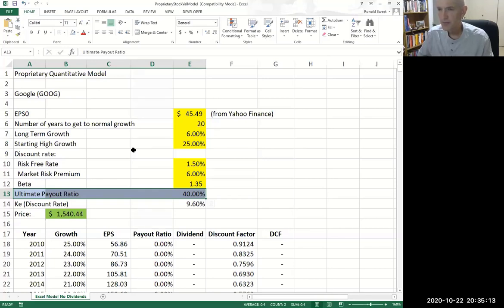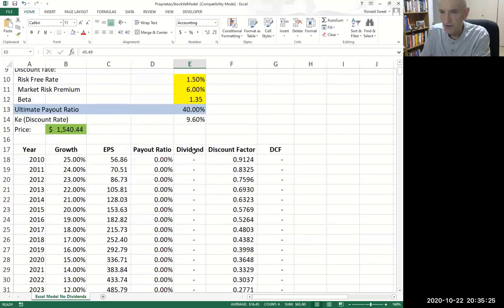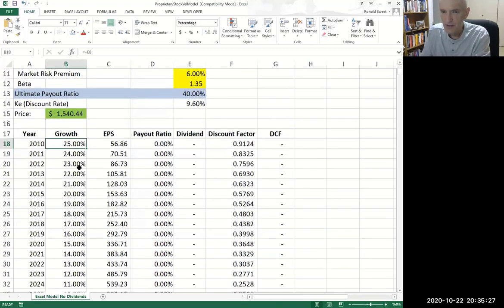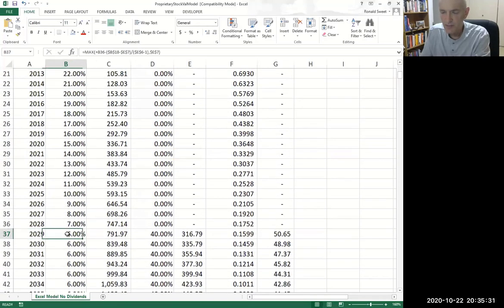A normal company pays about 40% in dividends. So if you look at this, you don't have to enter many numbers. And most of them you have, from paper 6, you just enter those from paper 6. So when you do that, you notice dividends are 0 as their growth declines over 20 years. But as soon as their growth rate hits 6%, they start paying a dividend.